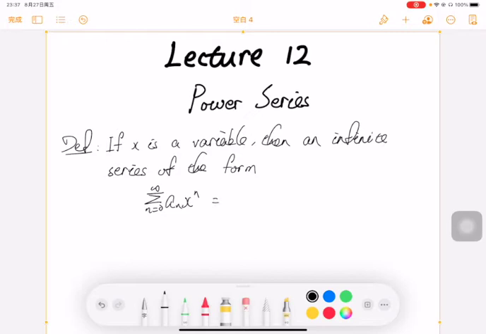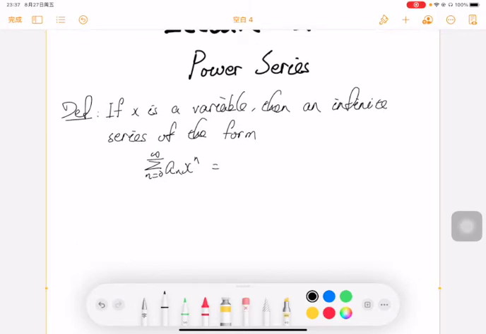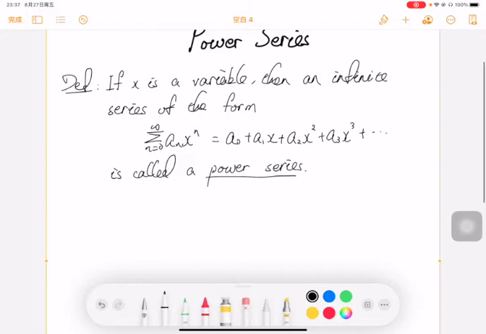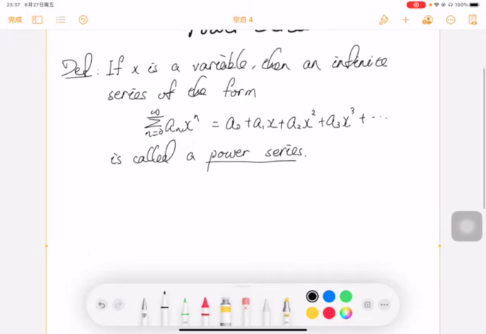If you were to expand this sigma notation, you get a0 plus a1 x plus a2 x squared plus a3 x cubed plus dot dot dot. An infinite series of this form is called a power series. Notice that each term is a function of the variable x.